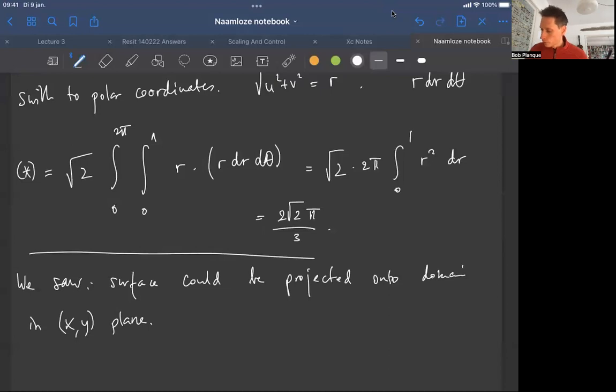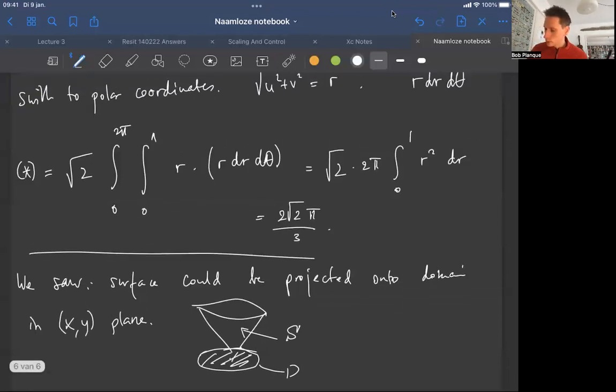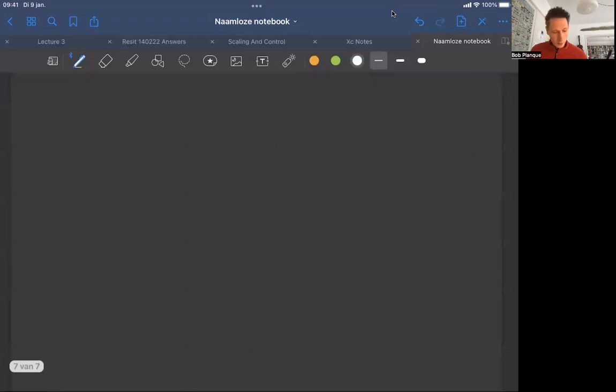So I had this picture where I had a surface like that, and I actually made the projection onto this domain. And I did introduce the u and v just to get close to the original notation, but I really didn't have to do that. I could have just stuck with x and y in this case. And so let's do that right now.